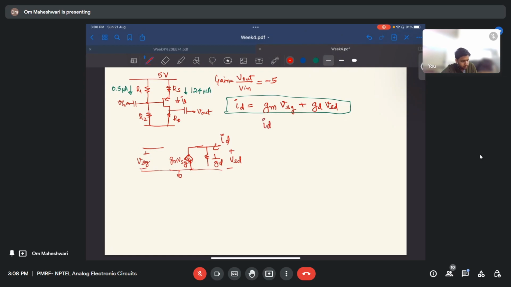Student: Sir, is it 1 by GD or GD? It is 1 by GD. So the equation should change, I guess. No, this resistance is 1 by GD. What I'm telling is this is KCL, right? ID equals this current plus this current.